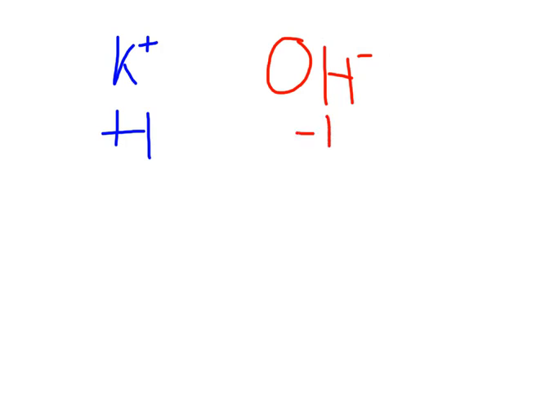So as we've seen previously with ionic bonding, it's simple enough. You just put them together. KOH would be the proper chemical formula. Next, as usual, we are looking for a name. And it's just going to be exactly how it looks.